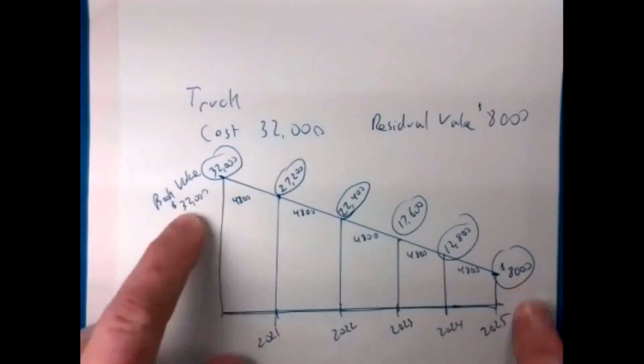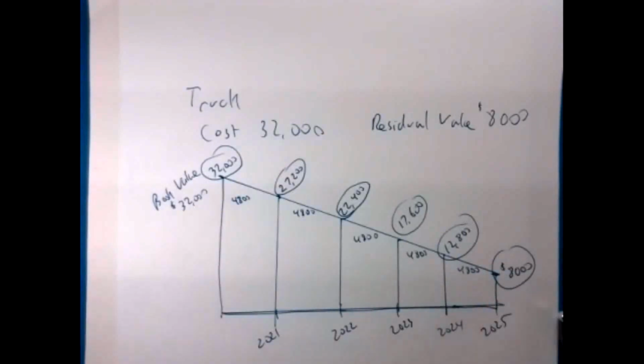So it's going to go down to 8,000, and then here presumably we'll sell it and probably buy a new truck, I would imagine. So this is the straight line they're talking about. That's what they're referring to.